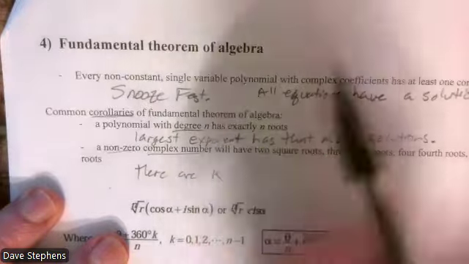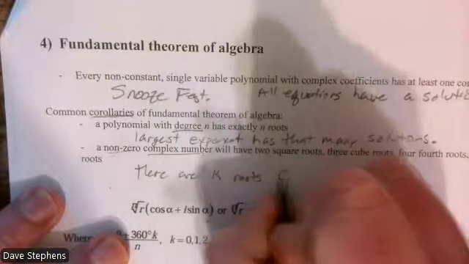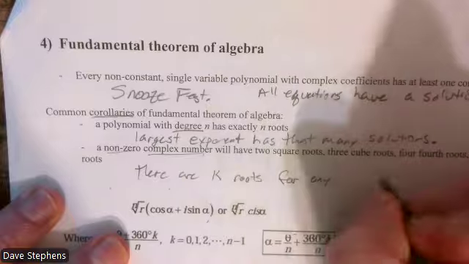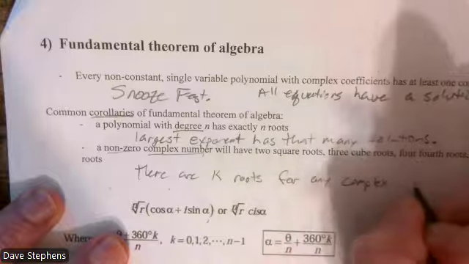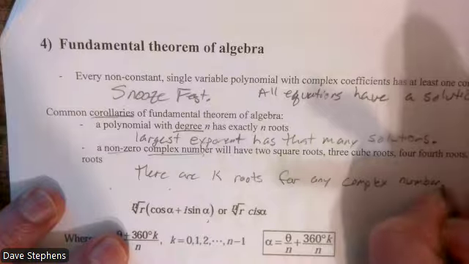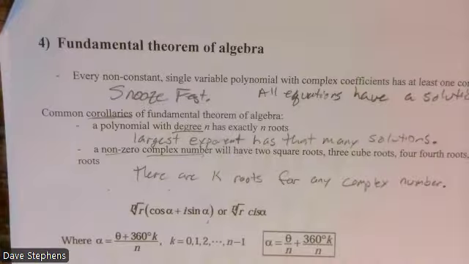Not solutions, because it's not an equation. It's going to be k roots for any complex number. I can take an infinite number of roots of a complex number, and it'll still just be a complex number.